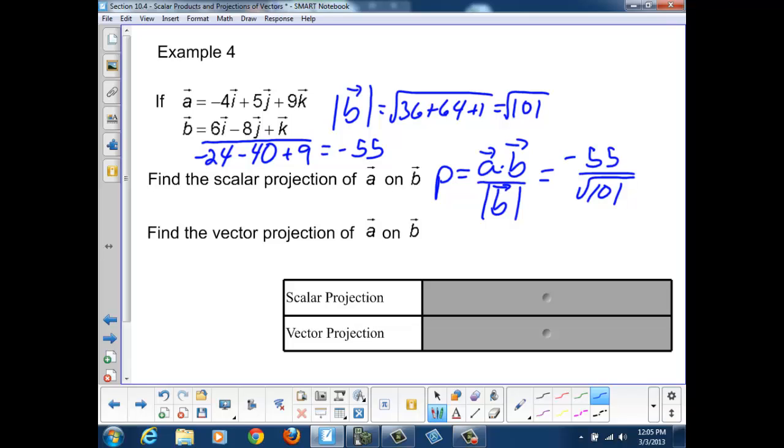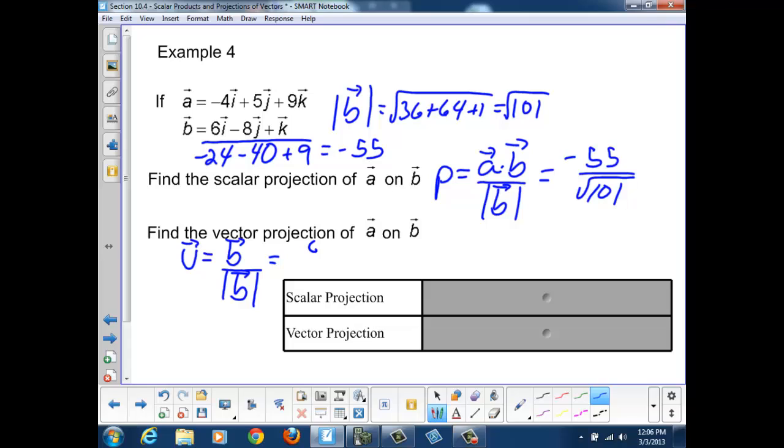Now to find the vector projection of A on B, we take our scalar projection and multiply it by the unit vector in the direction of B. So the unit vector in the direction of B is the vector B divided by its length. And we just figured out the length of B to be the square root of 101.